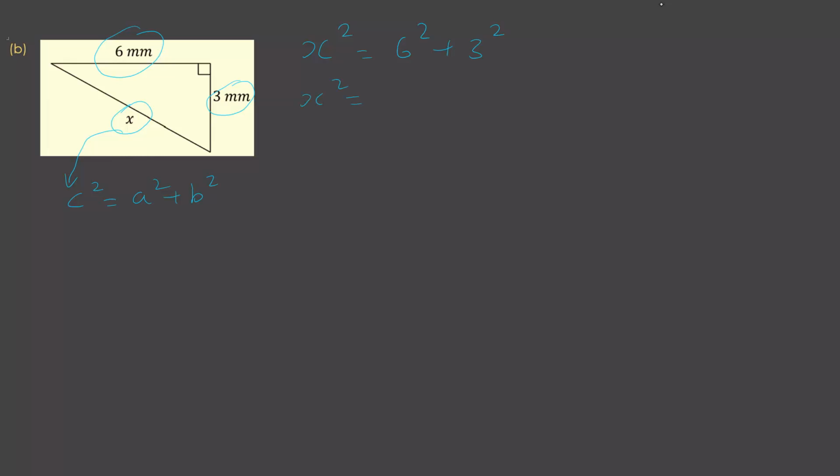So x squared is going to be 36 add 9, so x squared is going to be 45. And that means x is the square root of 45. And that is the answer as a surd.